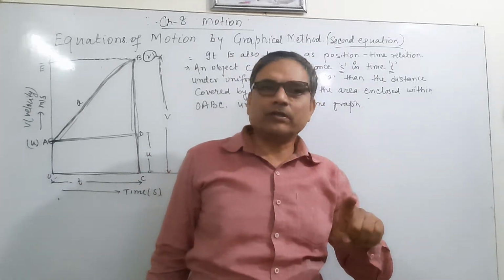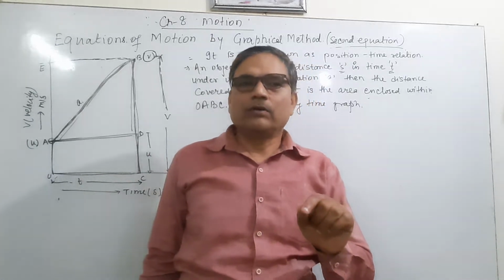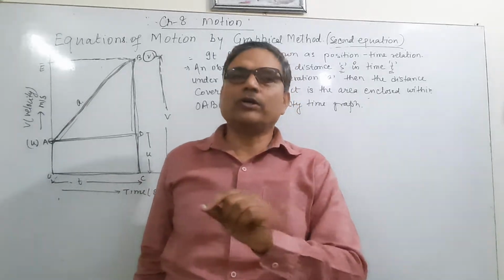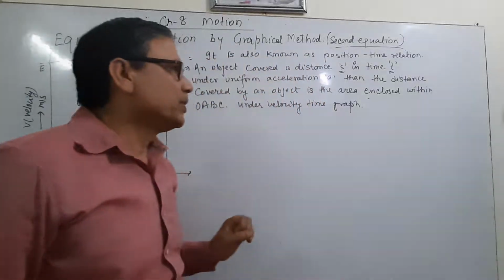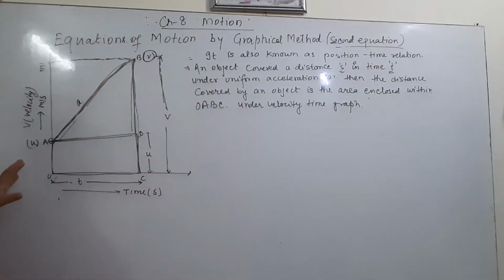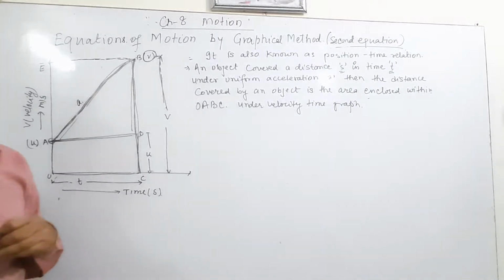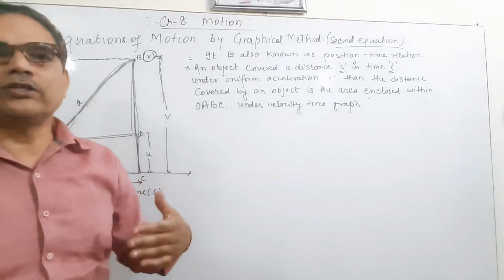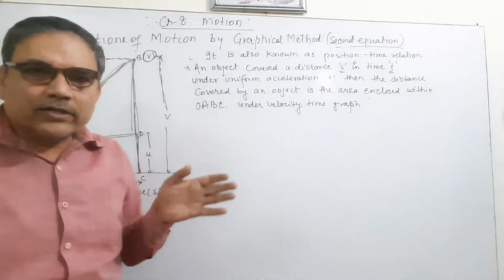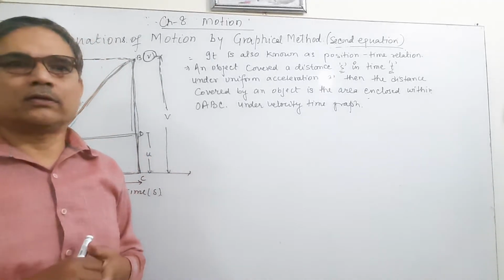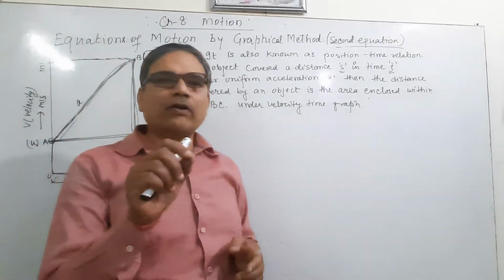And the first equation, V minus U is equal to AT, means velocity time relation. And for this, when an object moves from A to B, in which the rate of velocity is uniform, having an acceleration A, it covers some distance S in a given interval of time T.